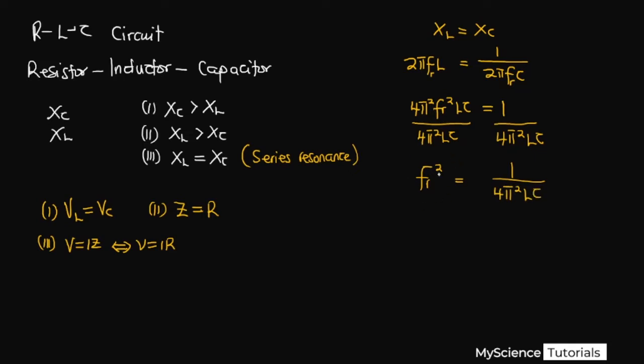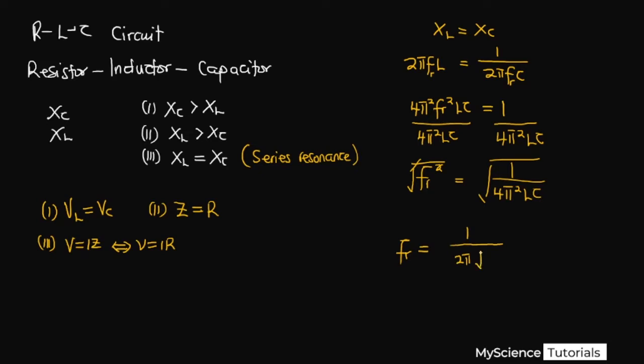Now, to get rid of the square sign attached to the resonant frequency, we bring a square root here and a square root over here. So this cancels this. We have the resonant frequency equal to the square root of 1, which is still 1, over the square root of 4 pi squared, which is 2 pi, because 4 is 2 squared and pi squared is pi squared, so applying the root gives 2 pi.